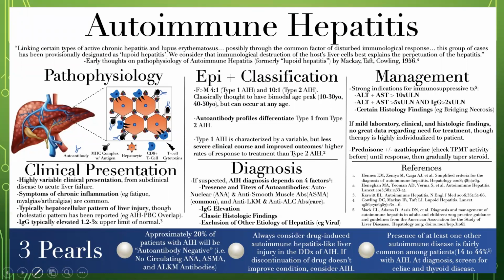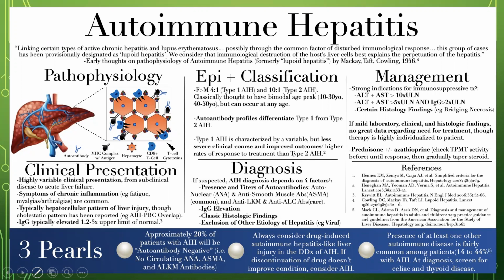Autoimmune hepatitis. In this significant form of hepatitis, approximately 20% of patients are autoantibody negative, meaning there are no circulating autoantibodies to nuclear content. Always consider drug-induced autoimmune hepatitis-like liver injury.